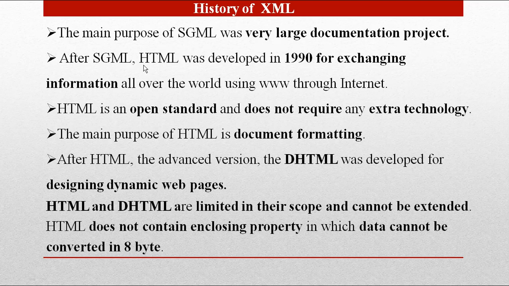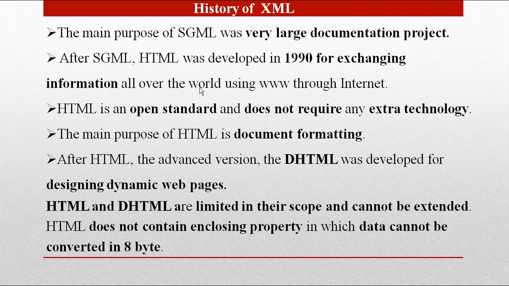After SGML, HTML was developed 30 years later, in 1990. HTML was developed by Tim Berners-Lee for exchanging information. So HTML is used for exchanging information all over the world using the WWW.